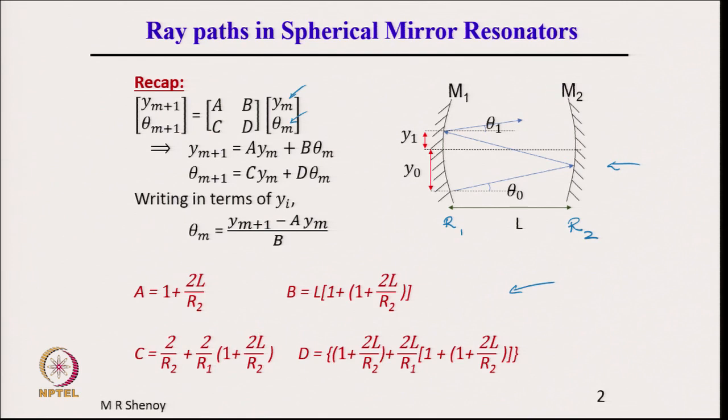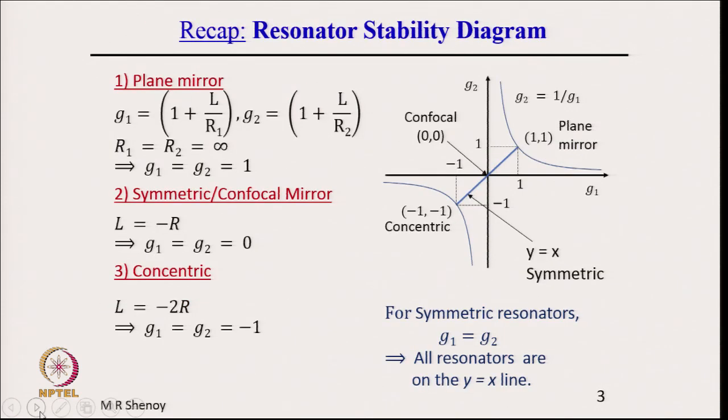Note that we know A, B, C, D. Therefore, theta_m can be written in terms of the displacements y_(m+1) and y_m. So, the matrix elements A, B, C, D are given here. We would need this when we want to trace rays in a given optical resonator.